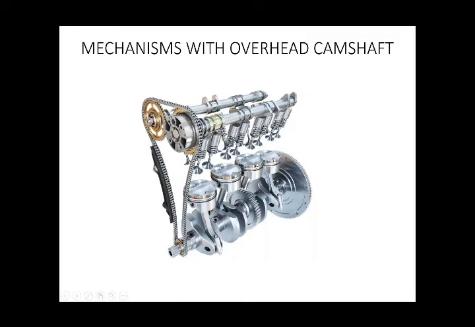Since the cam is always coming in direct contact with the tappet surface or the follower surface, there is a chance of friction to occur. So in order to prevent or minimize friction, lubricating oil should always be provided. But this lubricating oil will not be reaching the engine inside the engine head. It will be properly sealed.